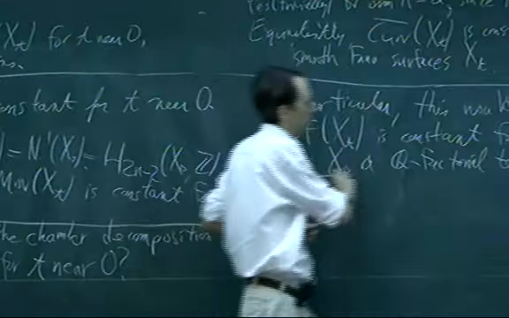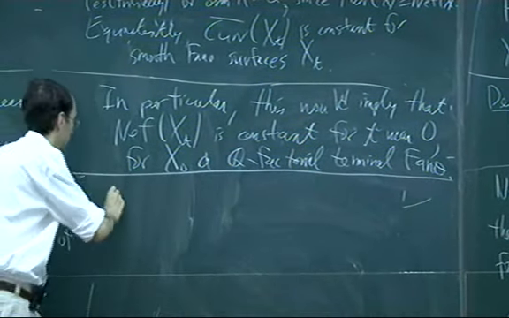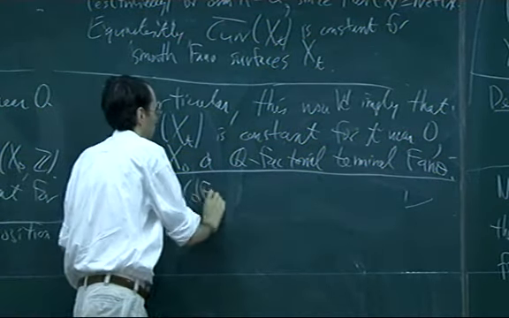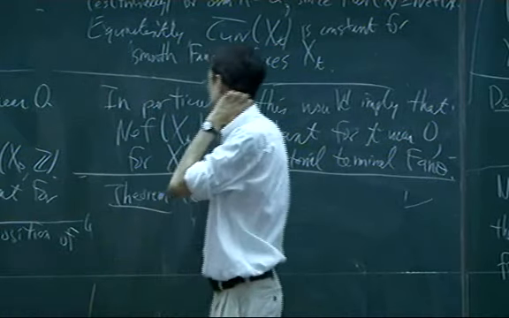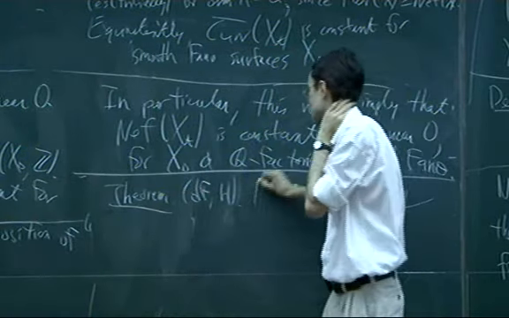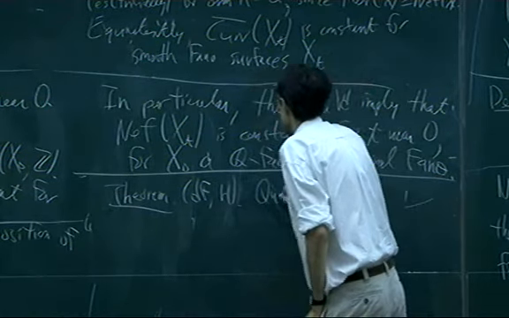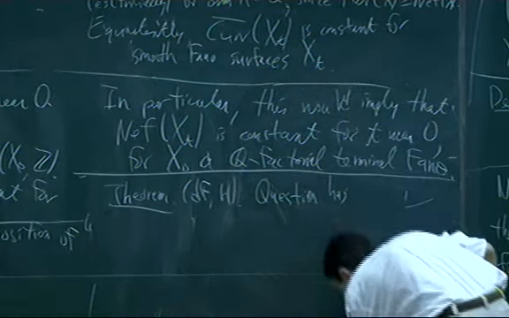And about this, some things are known. So let me say what is known. There is a theorem by Dufresne and Haken that the answer to the question is yes, not just for the Nef cone, but the whole decomposition stays constant in dimension 3. Let me write this out in more detail.